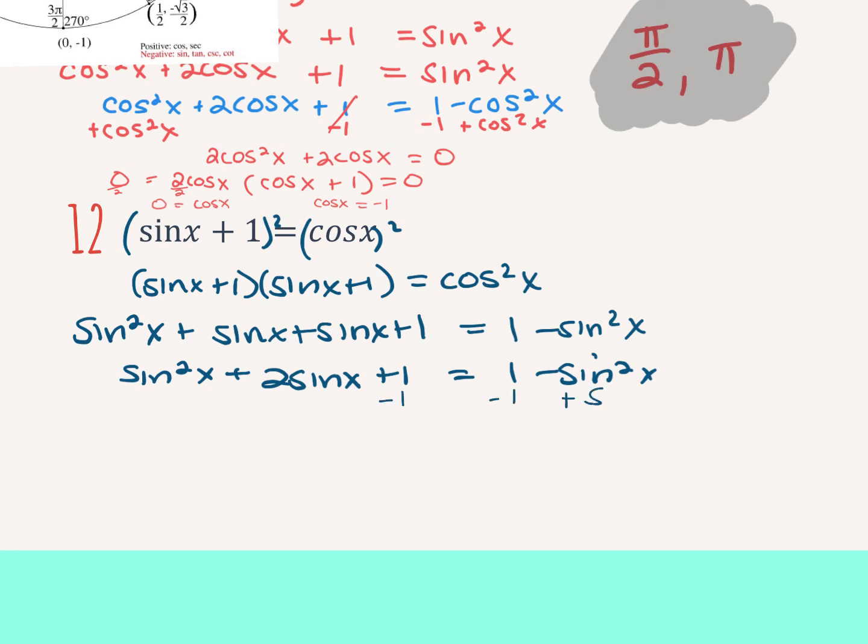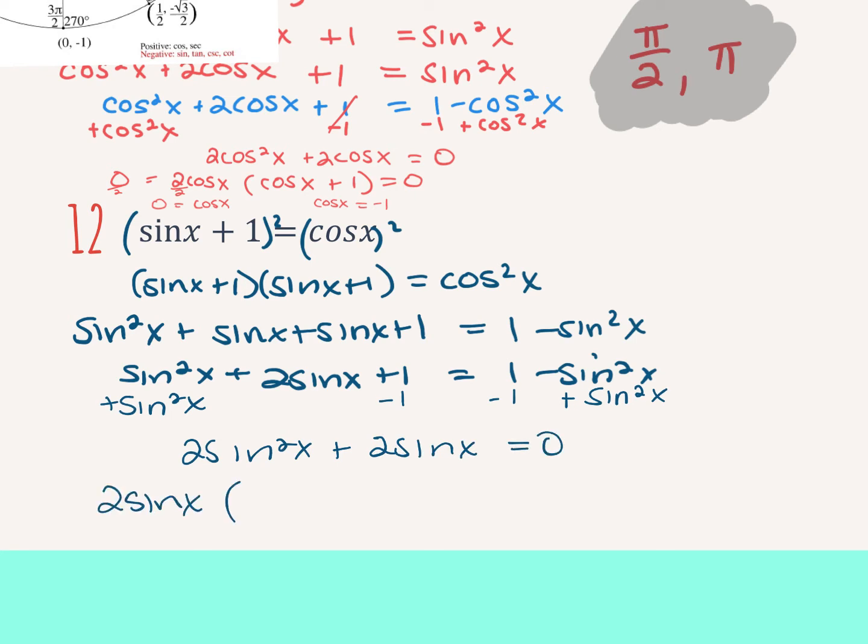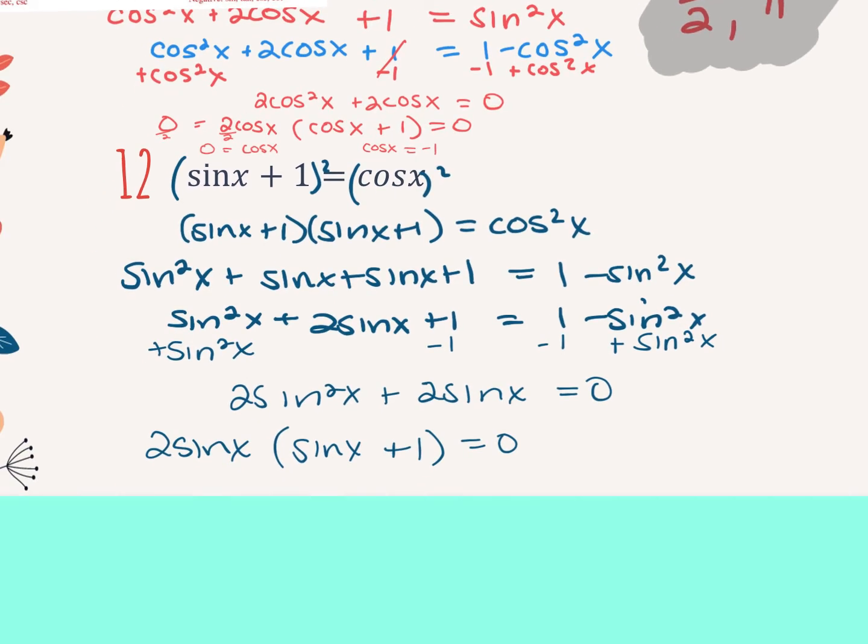Subtract the 1, add the sine squared. And then it's the same. Take out a 2 sine this time, and I get sine x plus 1 equals 0. Split them, set them equal to 0.